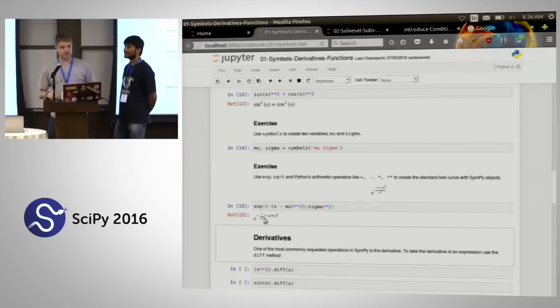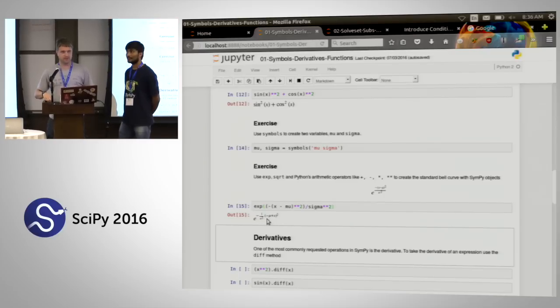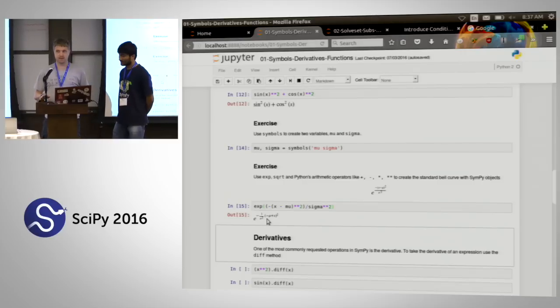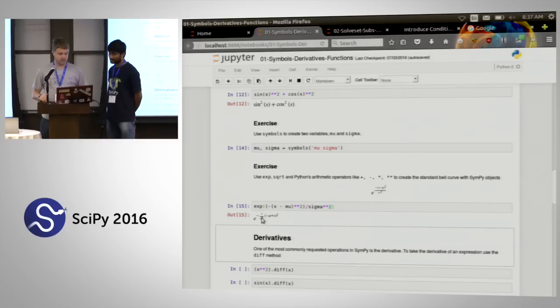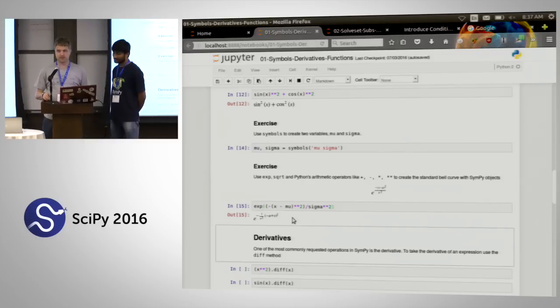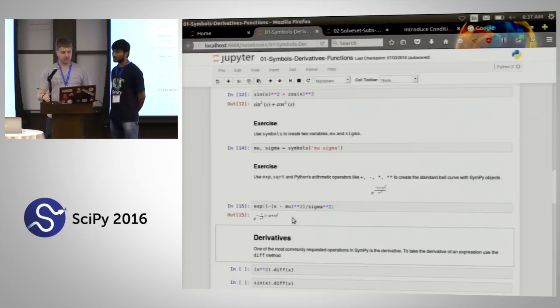SymPy has a whole printing system to go in and modify the way things are printed, but there's a default way that it does it, and it's not extremely easy to change, but it is possible. And we always like to, if something like this would probably be better as a fraction, we are always trying to improve that so that the default looks better.